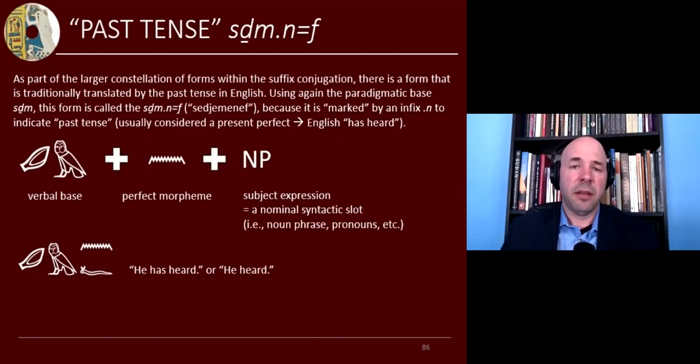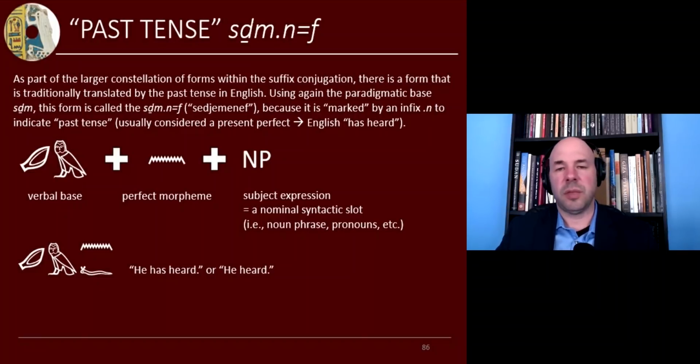Now you can add other suffixes to indicate other things, and in particular, the suffix in. If you add that after the verbal base and then follow that with your pronoun, you'll get a form we call the sejaminef, which in general you can think of as the Egyptian past tense. That's a bit of a misnomer, but for the sake of getting an idea about it, you can think of it as the past tense.